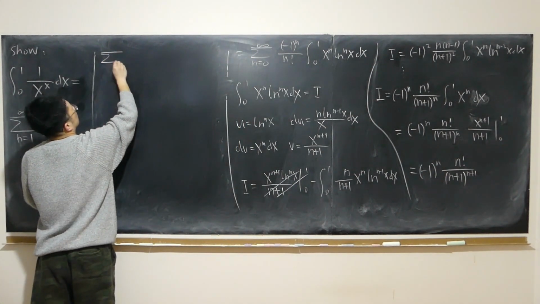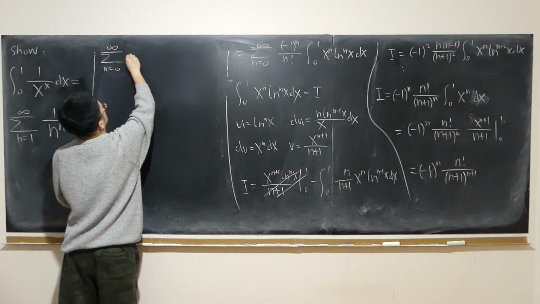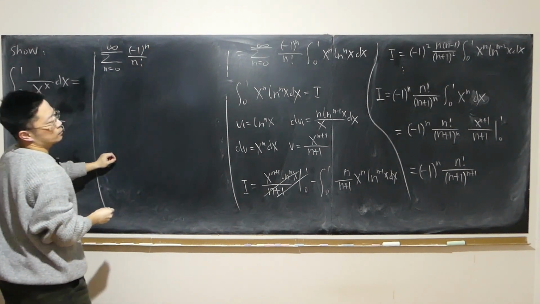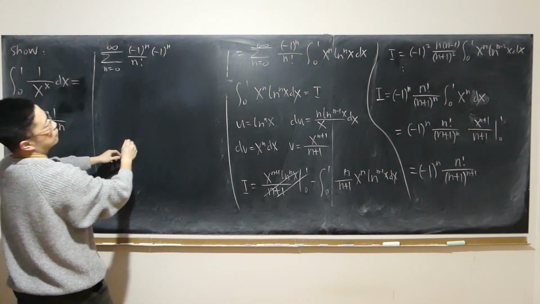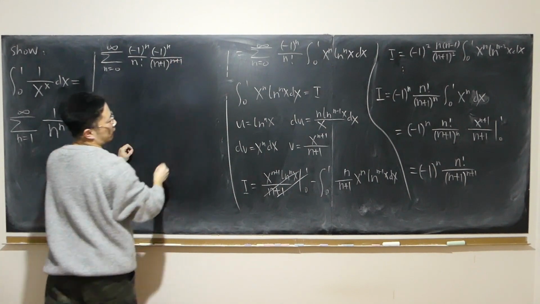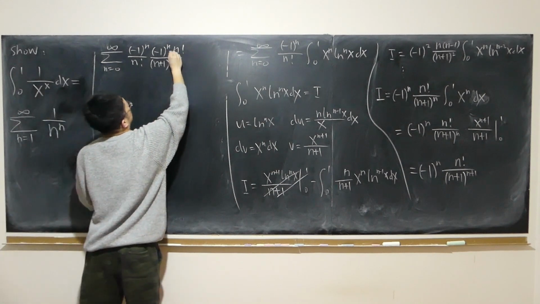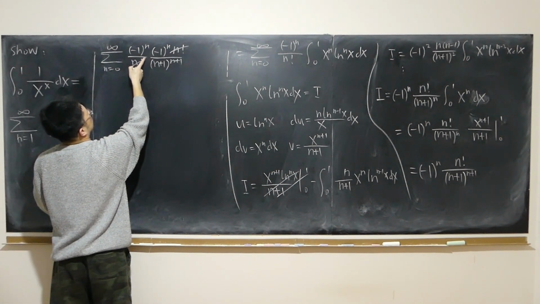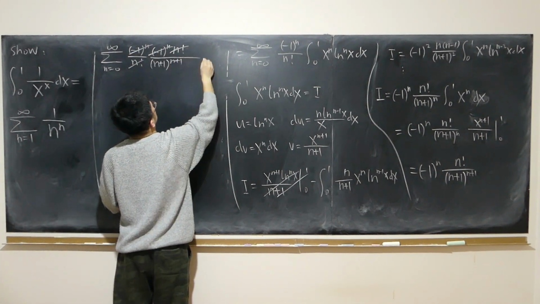So I'm looking at the infinite sum from 0 to infinity of n factorial, negative 1 to the power of n, times negative 1 to the power of n over n plus 1 to the power of n plus 1 times n factorial. So n factorial cancels, negative 1 to the power of 2n is 1, just 1 on top.